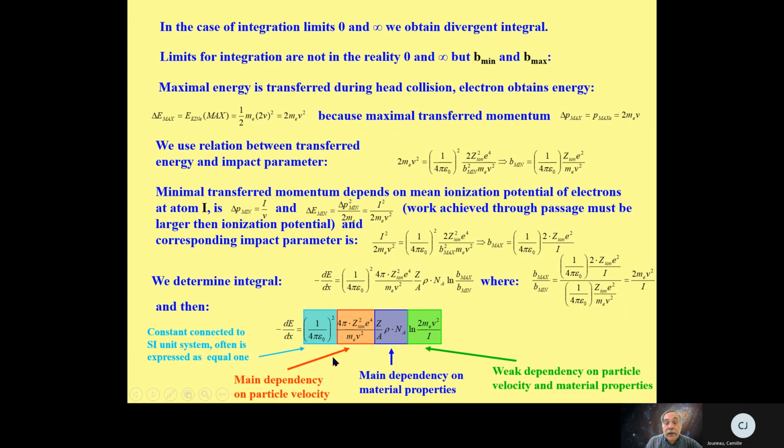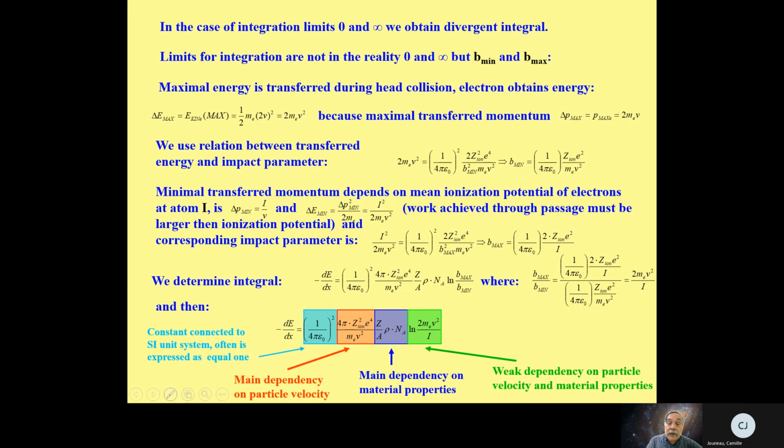The second part is named the main dependency on particle velocity, and also on material and also on the charge of this particle. This is the main dependency on particle features. It is given by the square of the charge of this particle, and it is a square because this is Coulomb interaction.